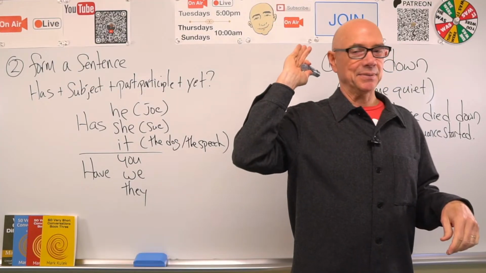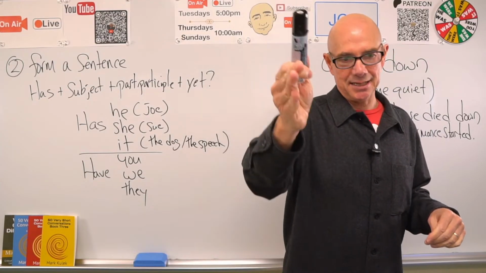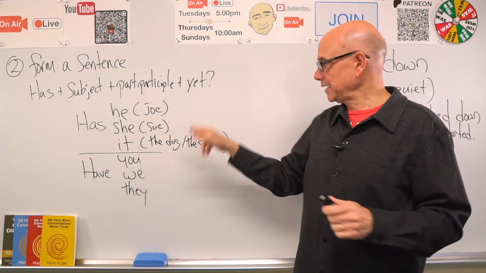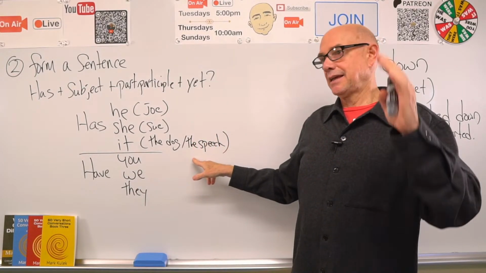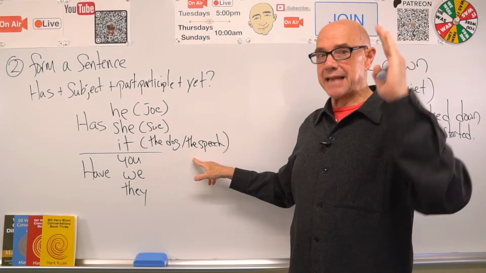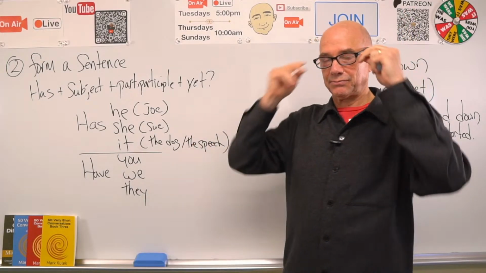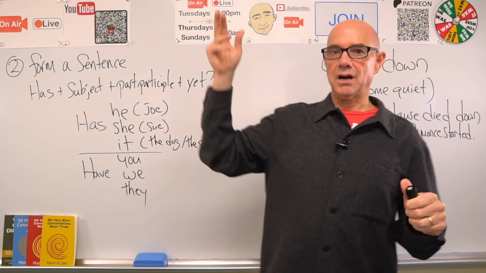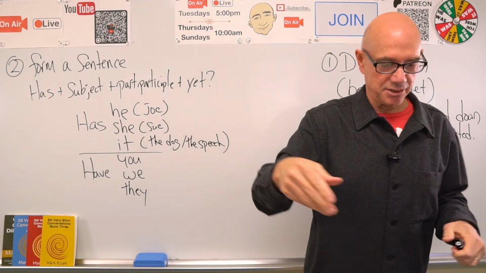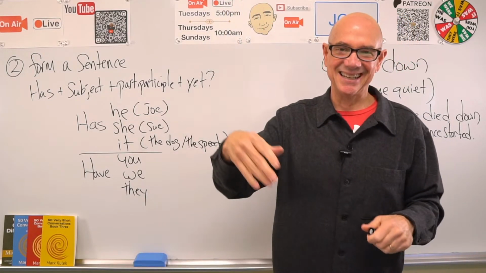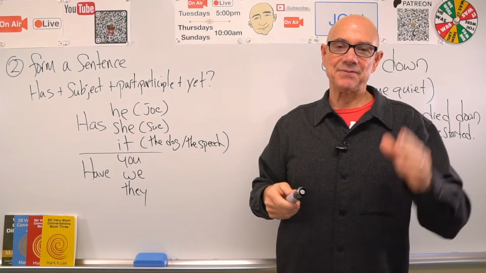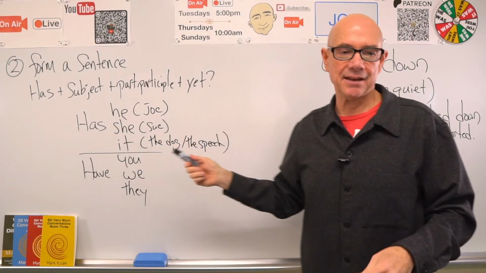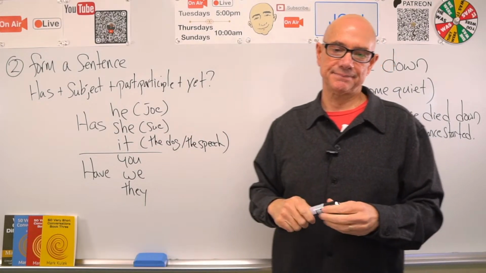It doesn't have to be a dog. It can be a thing. A speech is a thing, because we use an article. So nouns take articles. So the speech, the car, or a car, a speech, a cup. All right, so if it uses an article, then it's a noun, and then it can be a subject.